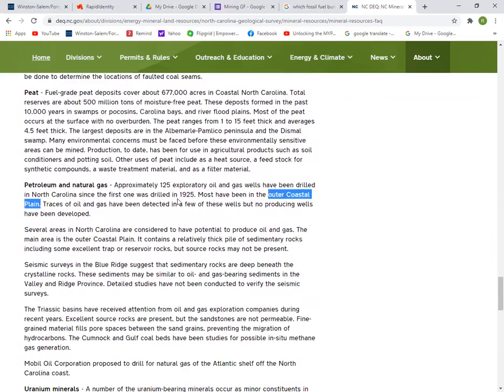But a lot of people are against mining in North Carolina because mining is said to be one of the reasons for the destruction of the beauty of the environment.